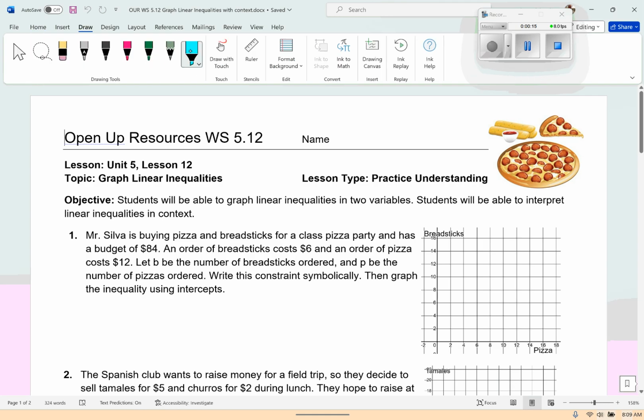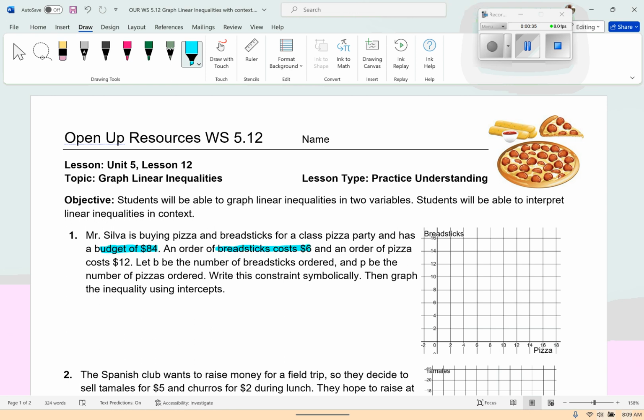I know for my classes, I had already highlighted and gone over this a little bit, but I'll go for everybody. It says Mr. Silva is buying pizza and breadsticks for a class pizza party and has a budget of $84. That means he can't spend any more than $84.